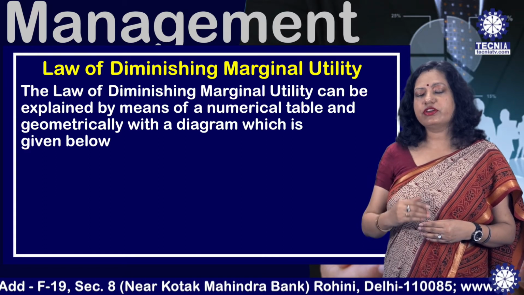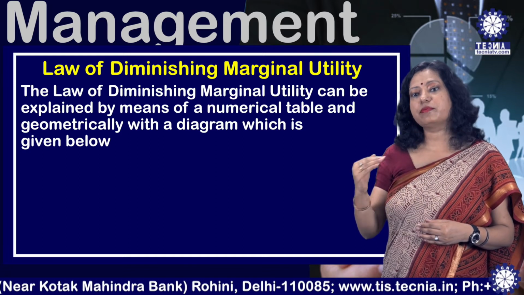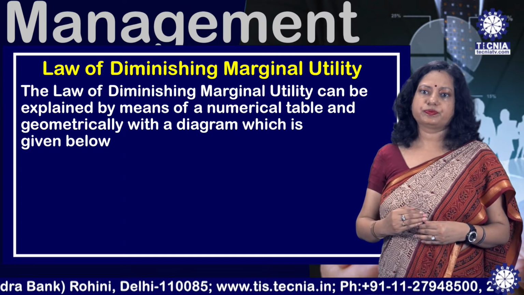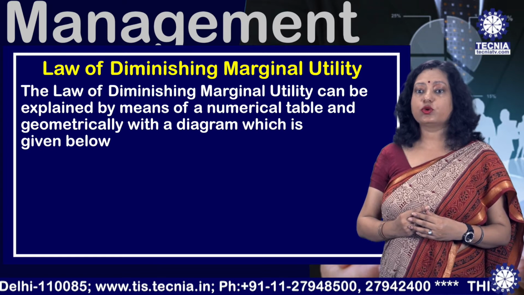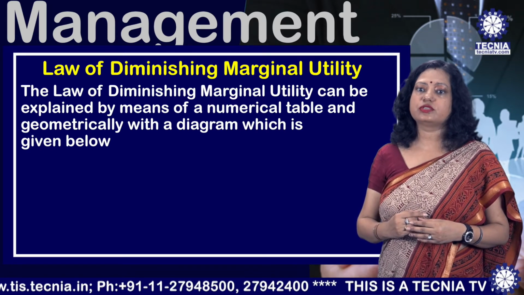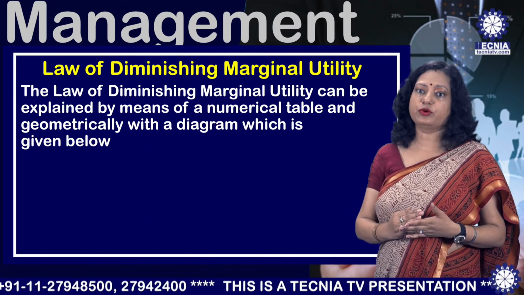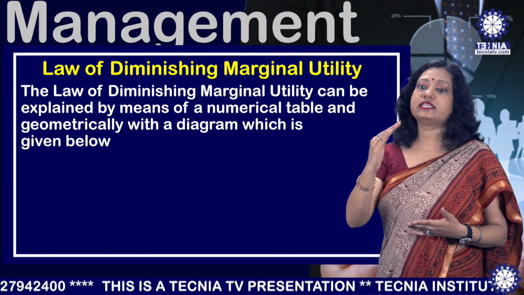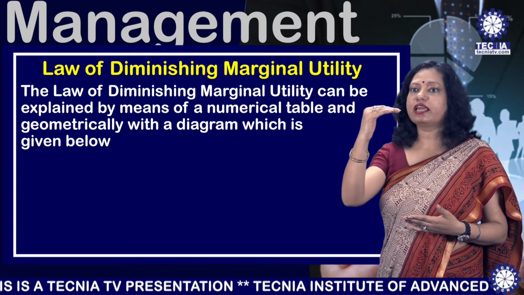If we consume zero amount of any commodity, the total utility and the marginal utility we derive is 0. If we consume the first unit of that commodity, the total utility is 10 and the marginal utility is also 10. And if we consume the second unit of the same commodity, the total utility increases from 10 to 18, but the marginal utility decreases from 10 to 8.